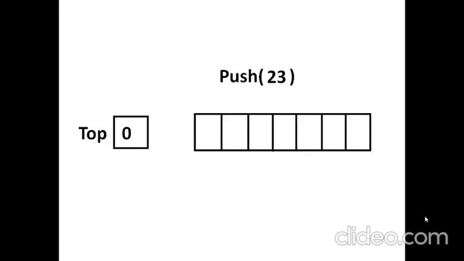But it is not necessary in the case of a linked list implementation. Actually, for our syllabus, we have to implement the stack using a linked list, so we don't need to bother about the stack full condition. The next step is the data gets added into the top position of the stack, which is index 0.